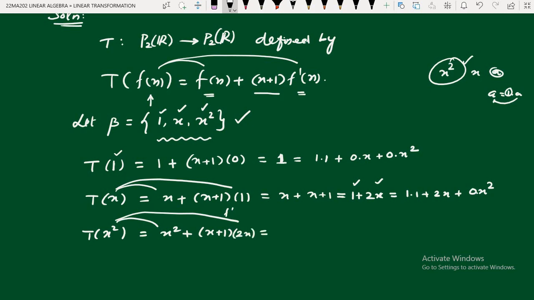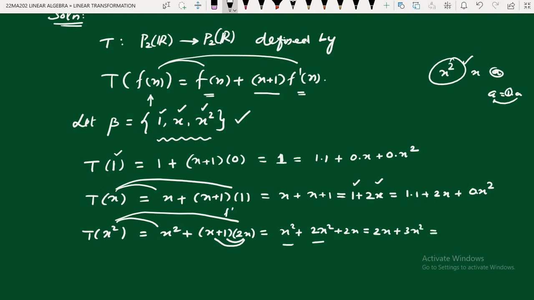So that is equal to x square plus, just multiply this inside. 2x into x is 2x square, 2x into 1 is plus 2x. So that is equal to 2x plus 2x square plus x square, which is 3x square.